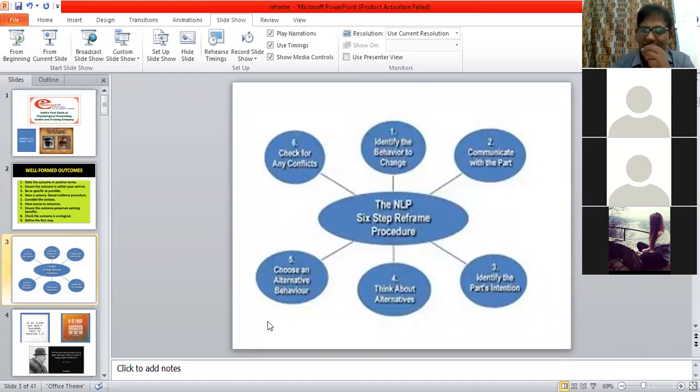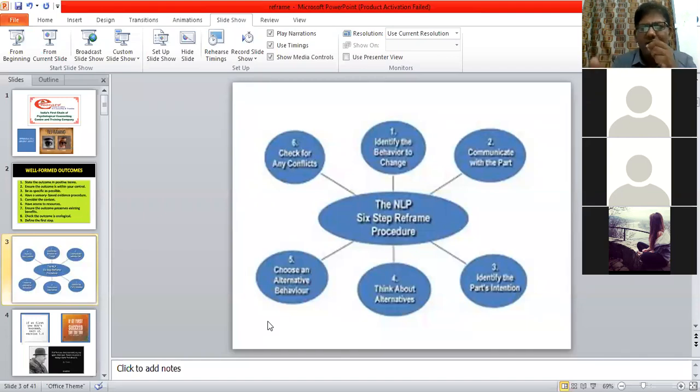So Nampi, actually the six-step reframing is one type of hypnotism. In clinical hypnotherapy, there are some procedures for doing something, and six-step reframing is such a procedure.